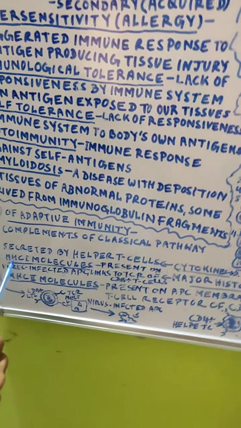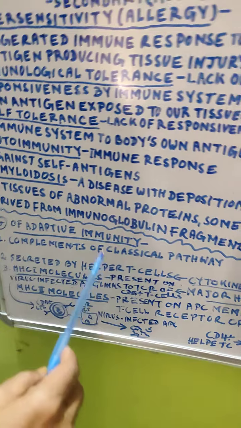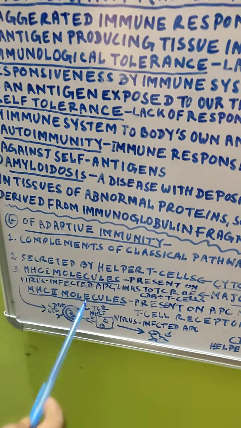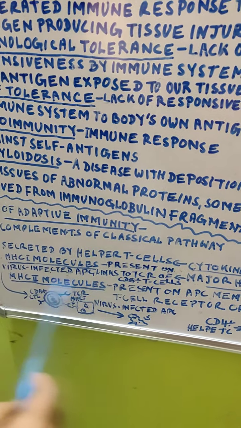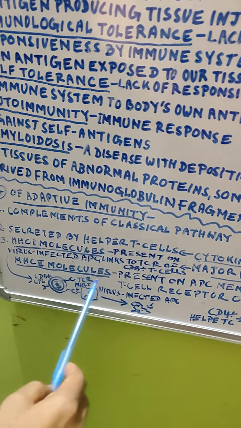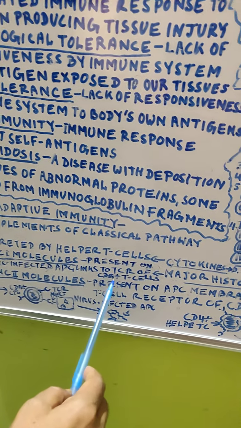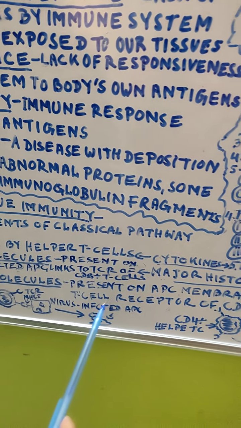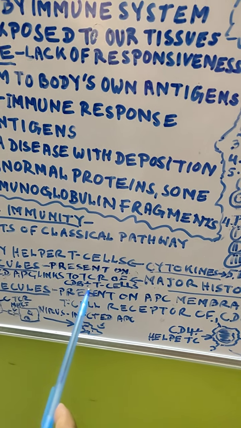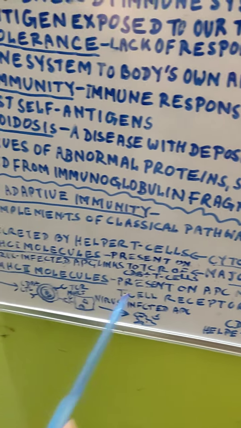Now come to the MHC molecules of adaptive immunity. The MHC1 molecule of adaptive immunity is present on the virus infected antigen presenting cell, and it links to the T cell receptor of CD8 positive T cells. That is unique.